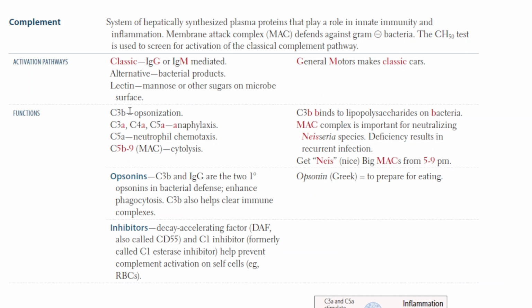C5b-9 is the membrane attack complex. C5b-9, the membrane attack complex, causes cytolysis, or killing. Remember, the MAC defends us against gram-negative bacteria.